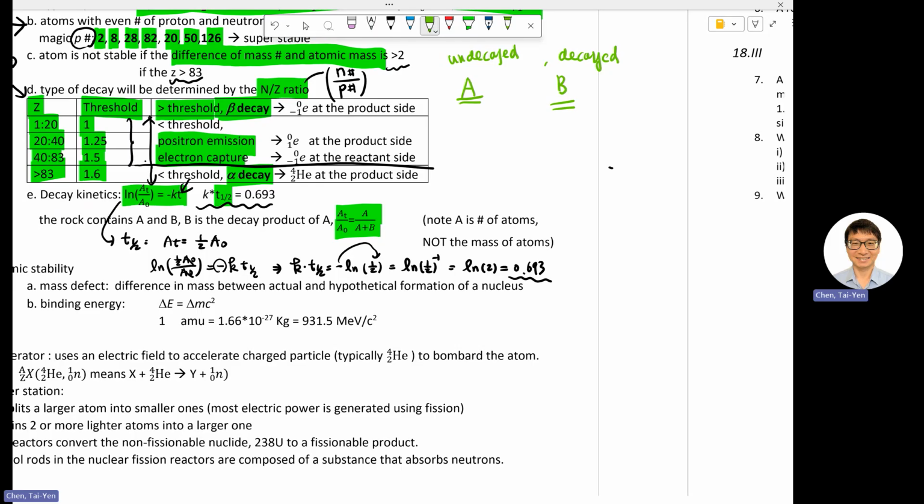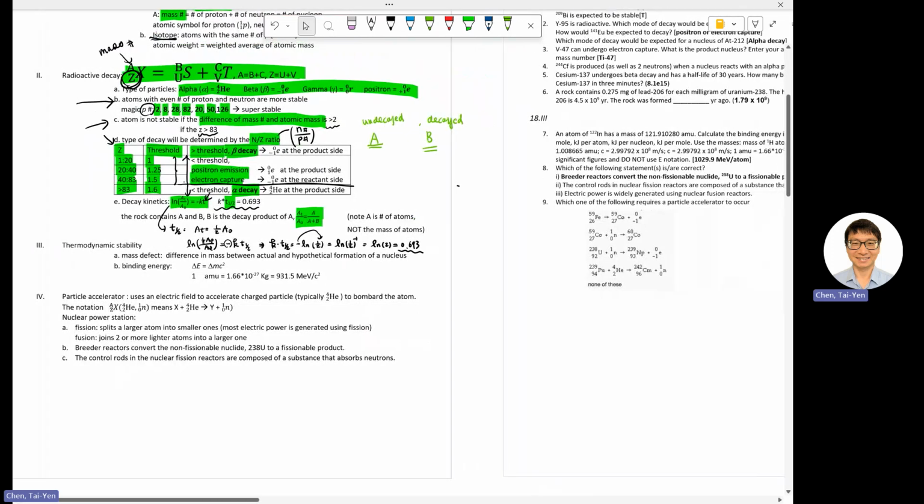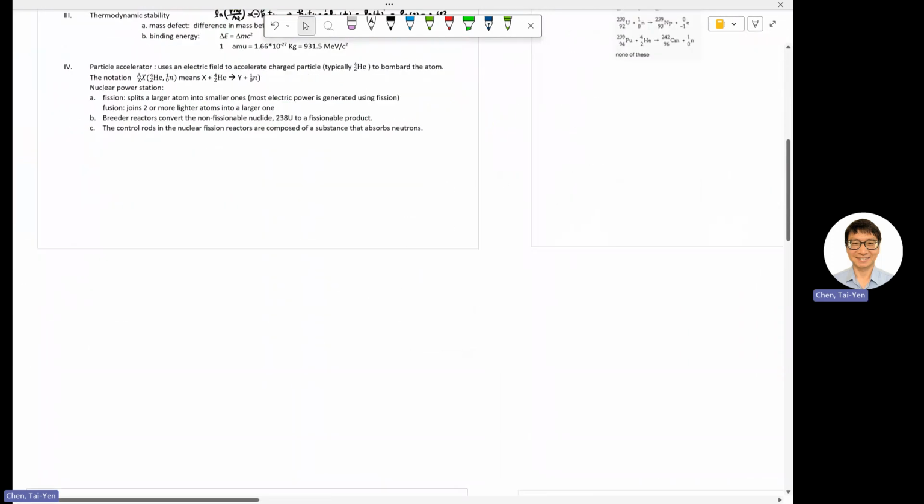That's very important. With that, let's do a few examples so you can see how these things can be applied.